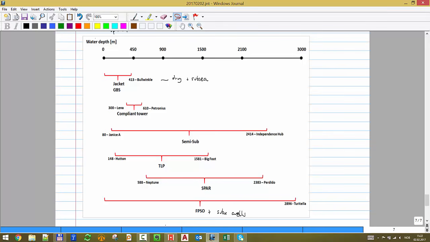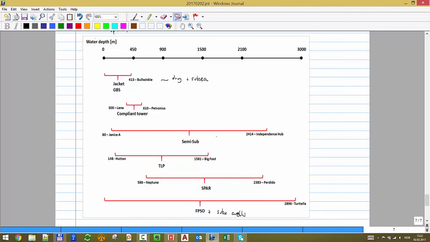You see tension leg platform from 148 to 1500 meters. That's in meters. Spar also are for high depth, and semi-sub.